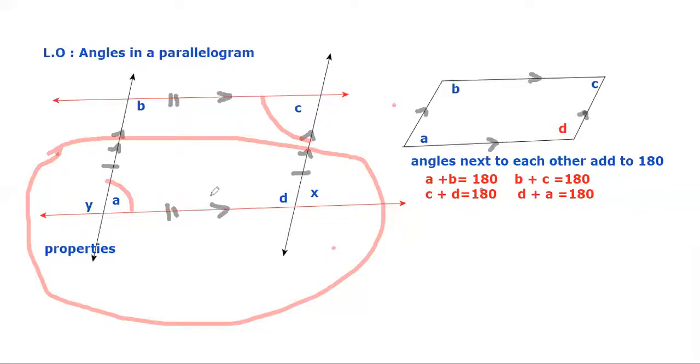So I want us to see that y is equal to b. Is that true? Because if this is parallel to this, then y and d are corresponding.